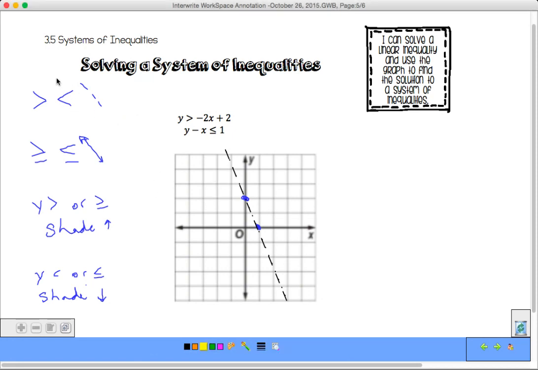So because y is greater than, the shading is above the line. So we come up here, I'm using blue. This is where the shading is greater than.